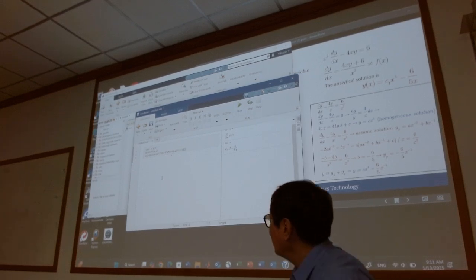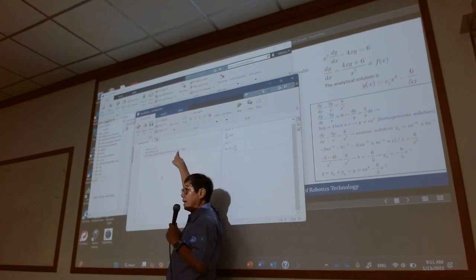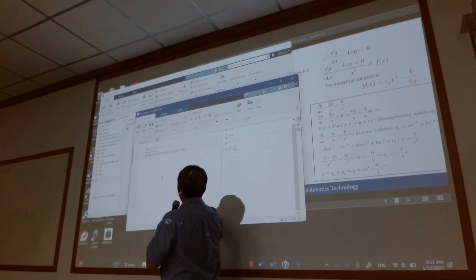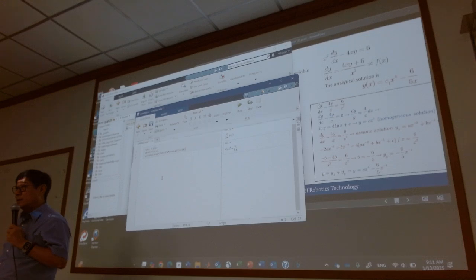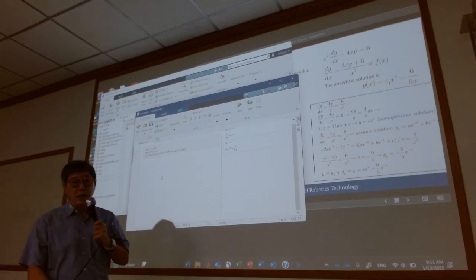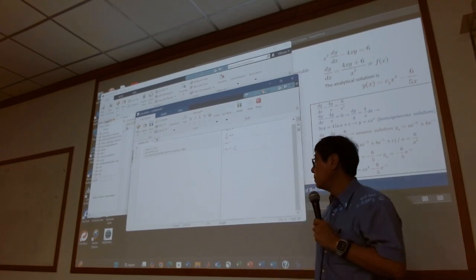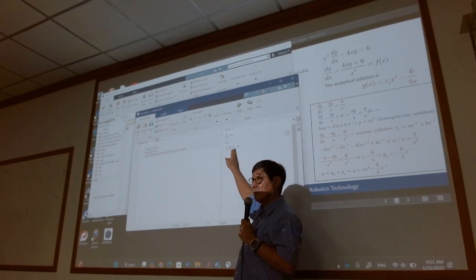If I add, comma, another equation, y1 x1 equal to 10, let's say. In this case, it can solve C for you. Okay, that is one. So try this one.